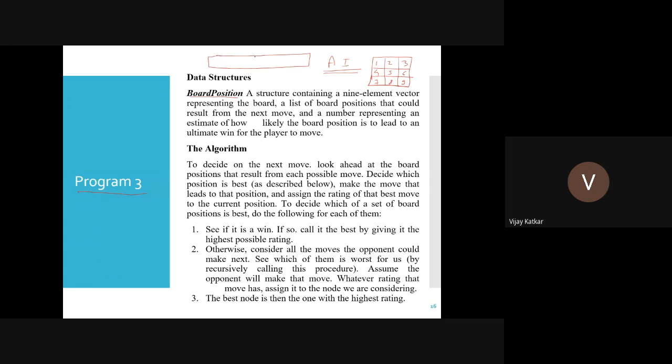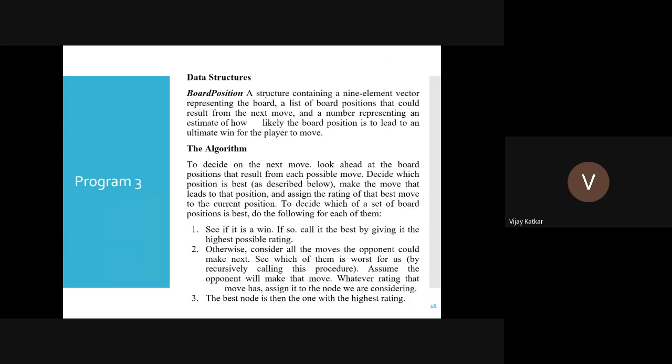Instead of a 2D array, we can represent it as a 1D array. When we are displaying, it does matter whether you display it as a matrix or as a vector. But while storing, it doesn't matter, because anyway you will be storing 9 elements only.